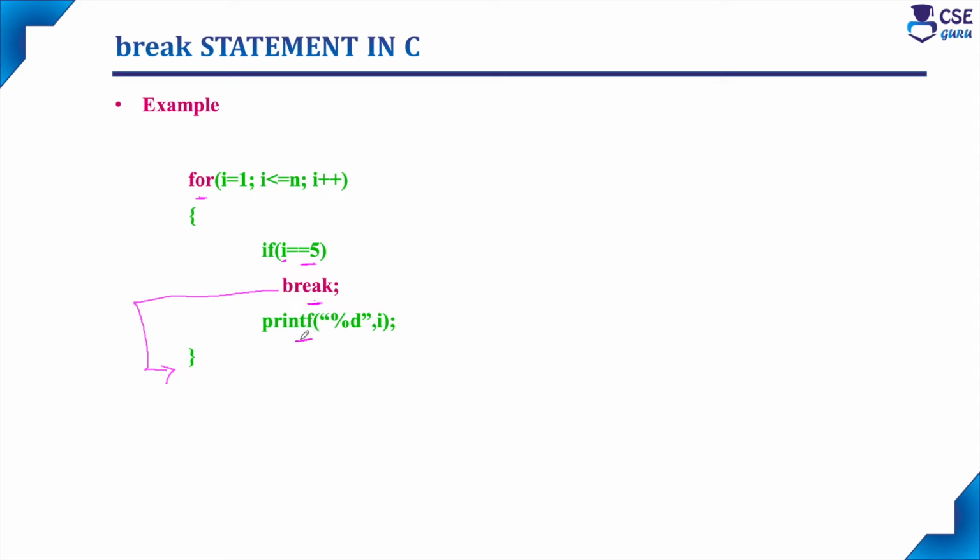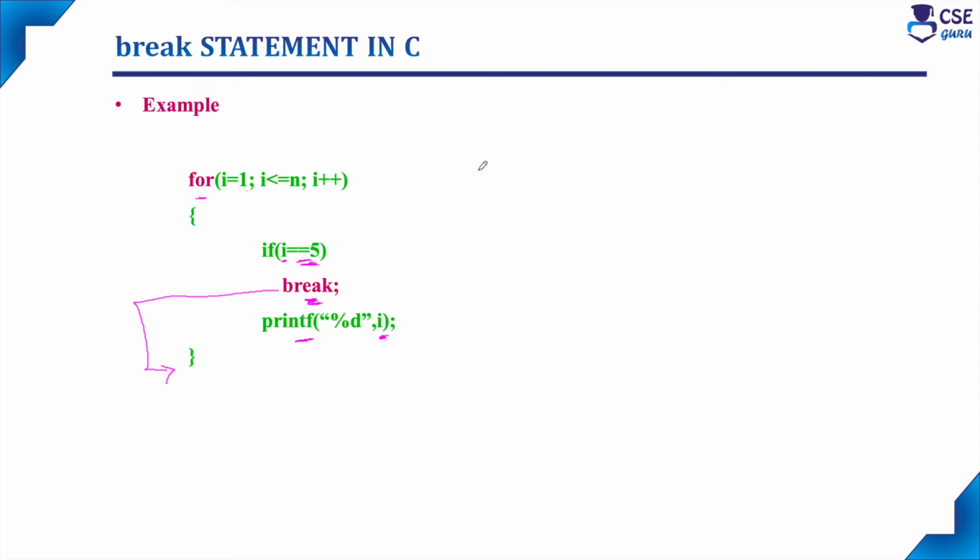It won't execute this printf statement. When i is equal to 1, it will print the i value. When i is 2, it will print. When i is 3, it will print. When i is 4, it will print. When i is equal to 5, it won't print the value 5. It will terminate the loop because this condition is true, and the control will be transferred out of the loop. So this is the purpose of the break statement in loops.